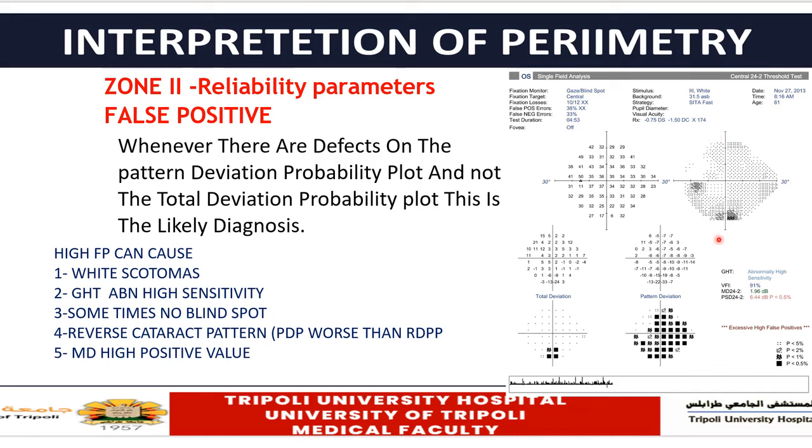Also in the pattern deviation, you will find what's called the reverse scatter pattern, where the pattern deviation probability plot is worse than the total deviation probability plot. This is called the reverse cataract pattern. Sometimes you will even find a missed blind spot because of the excessive stimulation from the patient. So if false positive is more than a particular limit, around 20%, you should repeat your test.